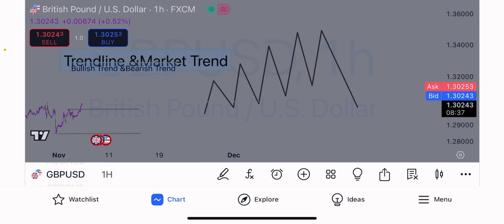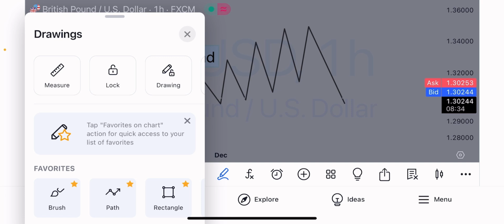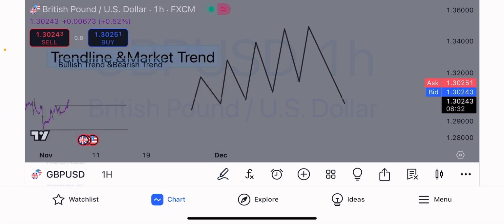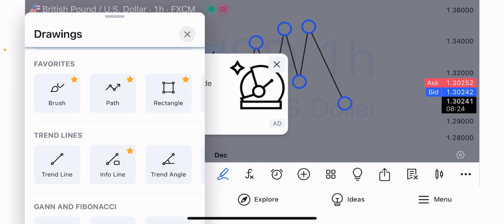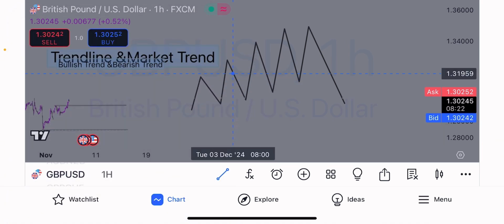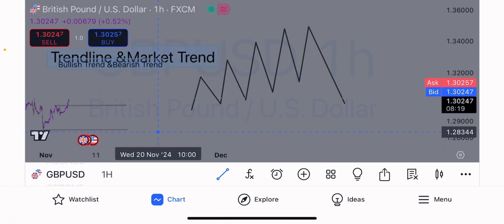Okay, don't get yourself confused. First of all, maybe the market is giving you something like this. You open your chart and you see something like this. You take your trend line tool, on TradingView, or whatever charting platform you use, right? Then you mark out the trend line.